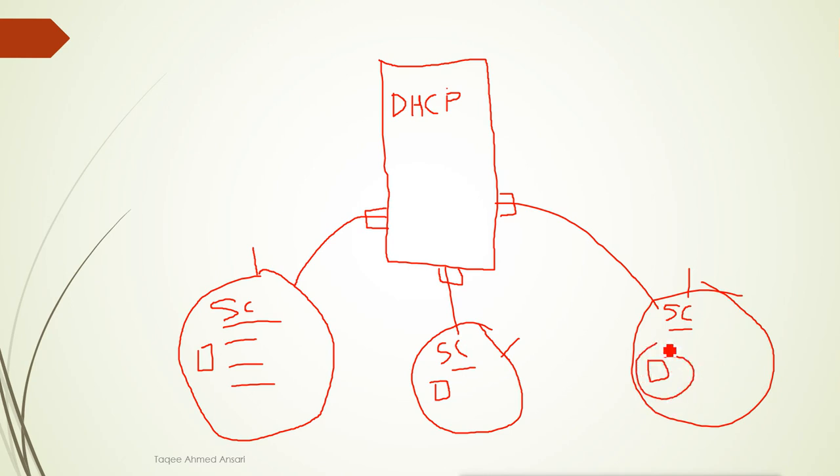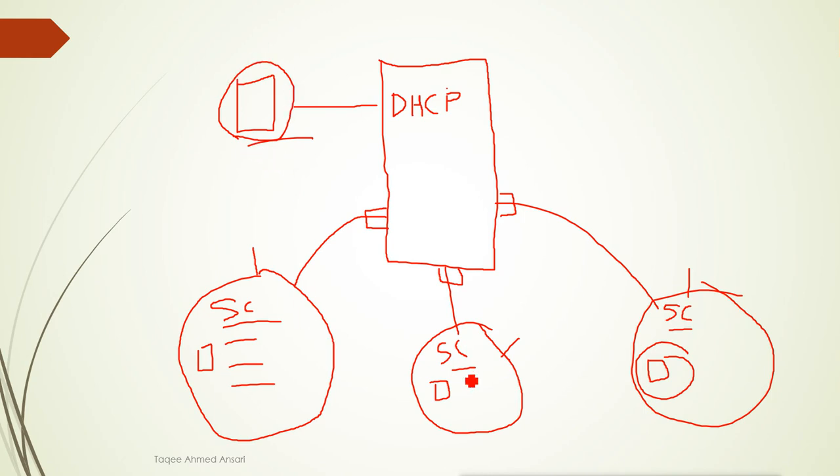Now for example, we have a common DNS server for everyone. Then that option we will configure in the server scope, so that common option will be the same for all the scopes. Like for example, the domain name.